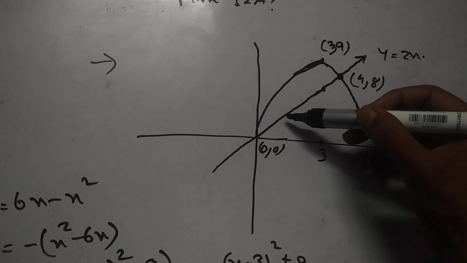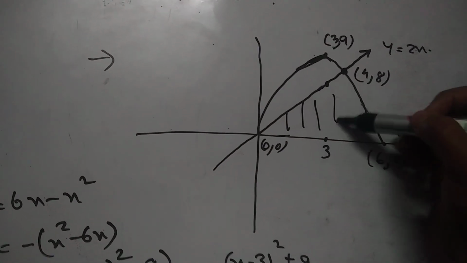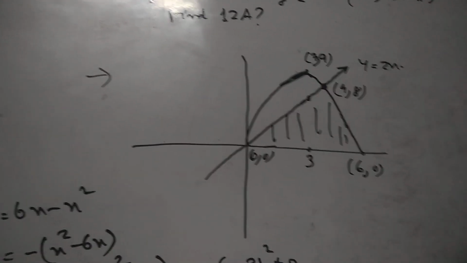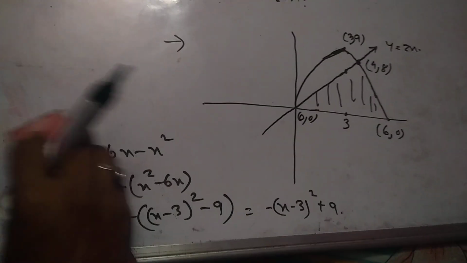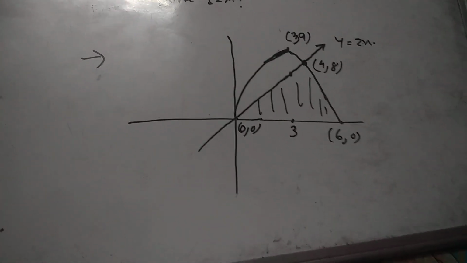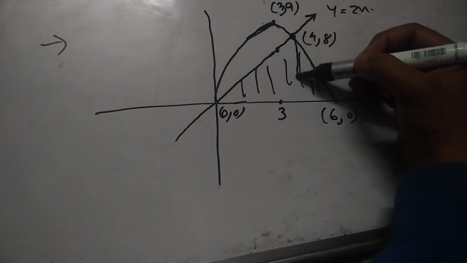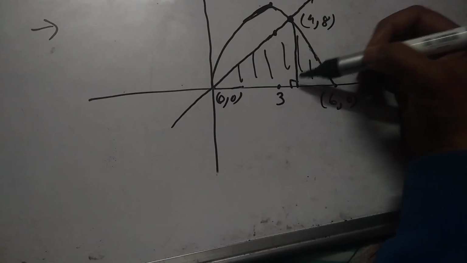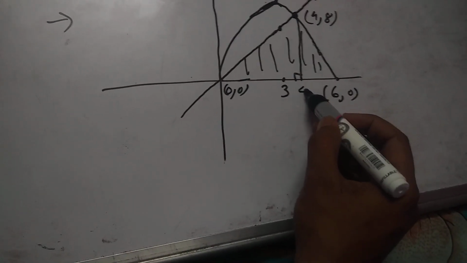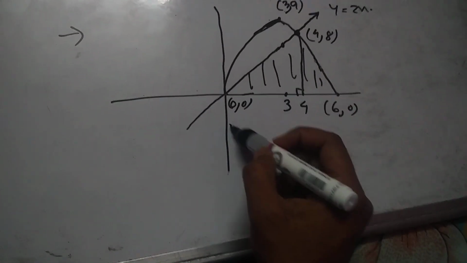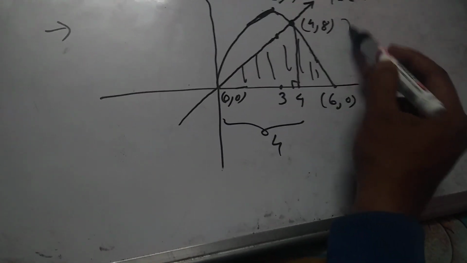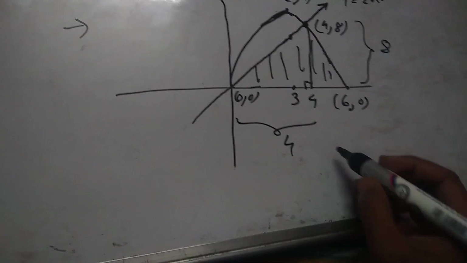So minimum is nothing but the below portion, always. So let's try to find the area. If I drop a perpendicular here, what is this point? 4. And so this distance is 4, this length is 8.